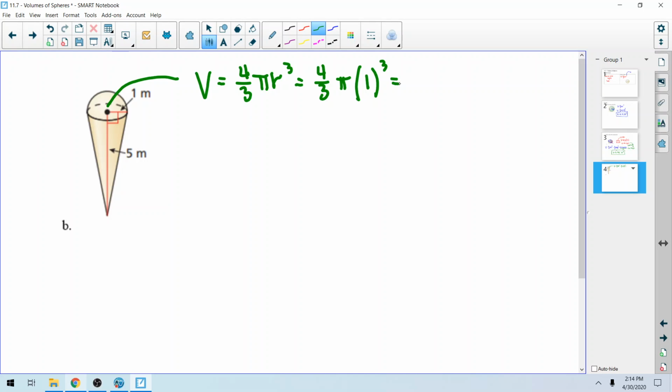So 4/3 times pi times 1 cubed is 4.18879. Now again, that's not a full sphere, it's only half, so we're going to divide it by 2, which is 2.0944.